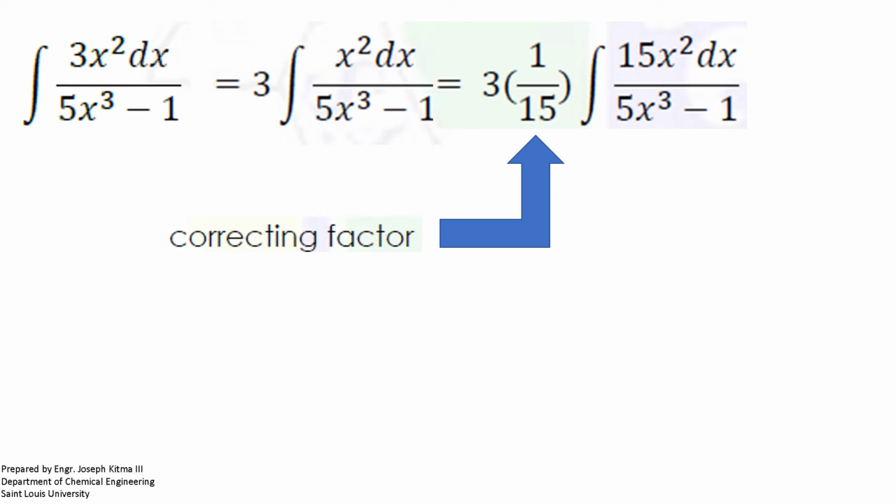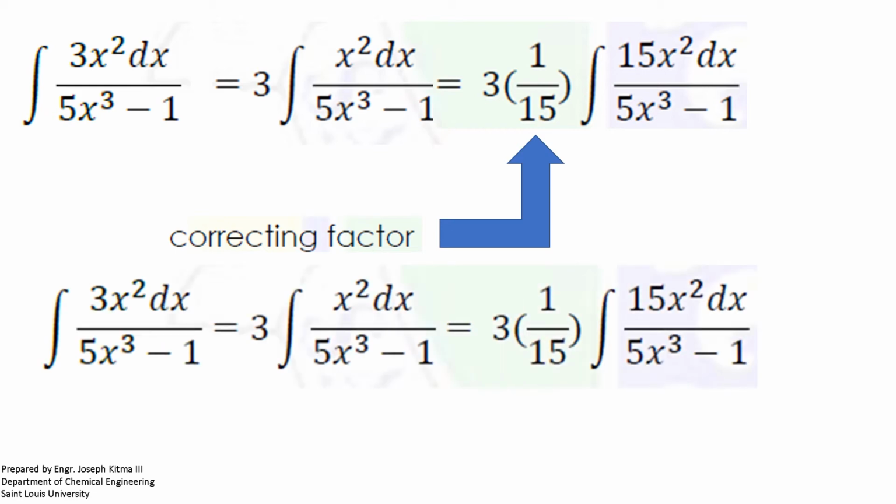So now we can integrate 15x squared dx all over 5x cubed minus 1 because we already have corrected its form into the form du over u. So that we now can take the answer, which is 1 over 5. 1 over 5 came from 3 over 15. So that will be 1 over 5 times the ln of 5x cubed minus 1 plus the arbitrary constant c.